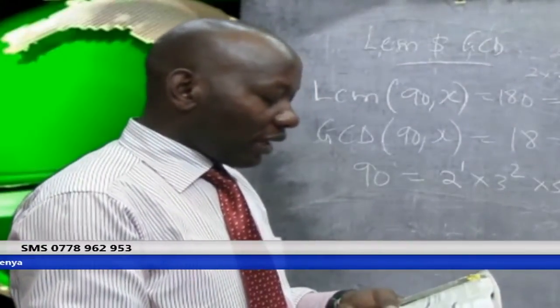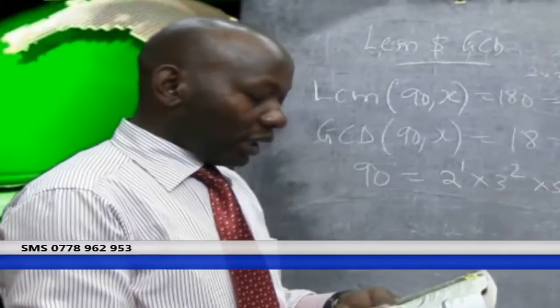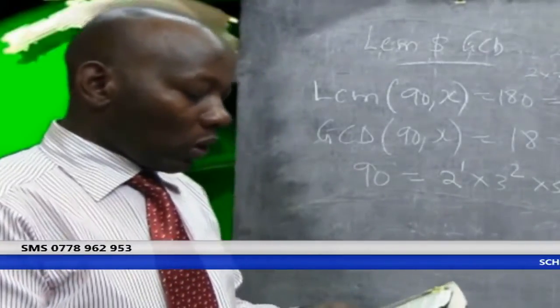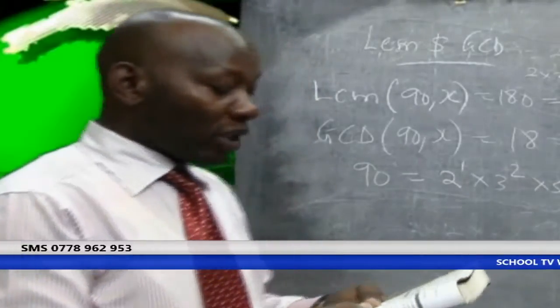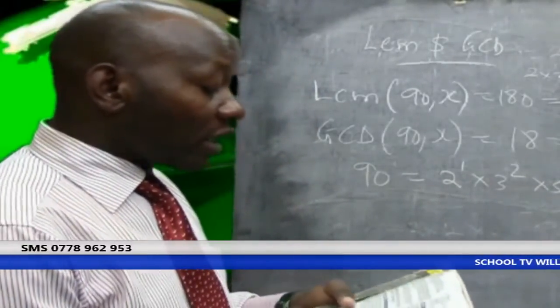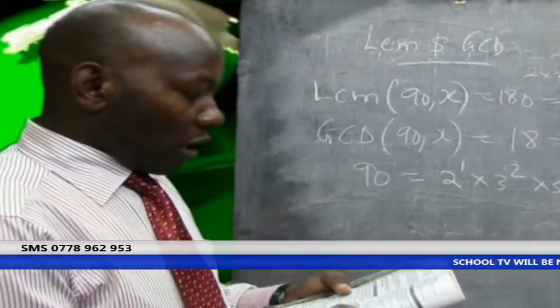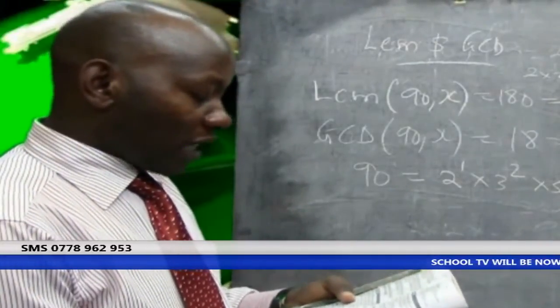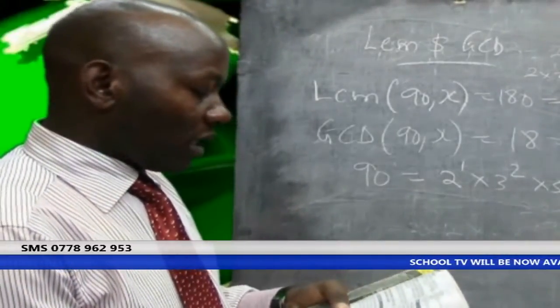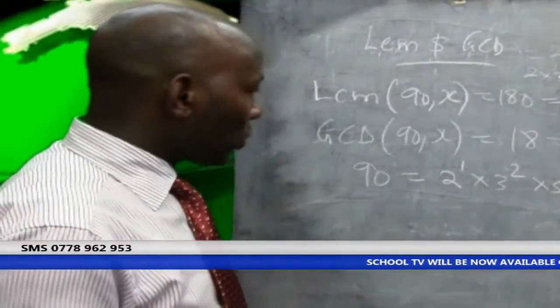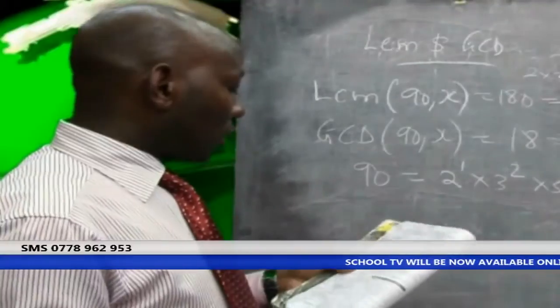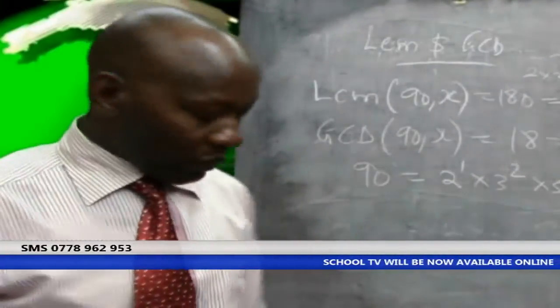Since the HCF is 2 to power 1 times 3 to power 2, the number must also have a factor 3 to power 2. 5 is not a factor of x because it does not appear in the HCF. Therefore, x is equal to 2 to power 2 times 3 to power 2, which is equal to 36.